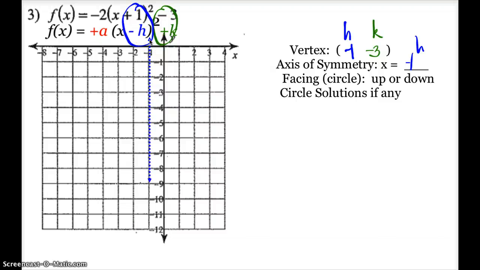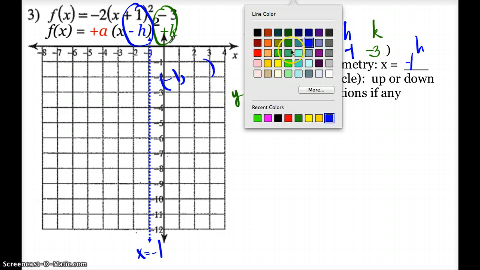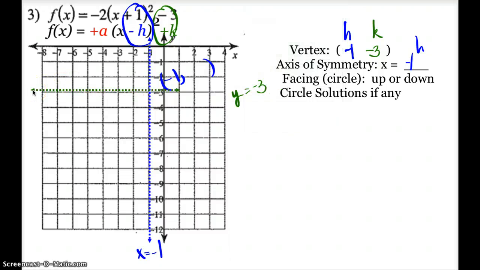That is the center of my graph, x equals -1. That's my h value. And we'll have a -3, so -1 comma -3. Here is our -3, y equals -3, which is this line right here. And that's our vertex.